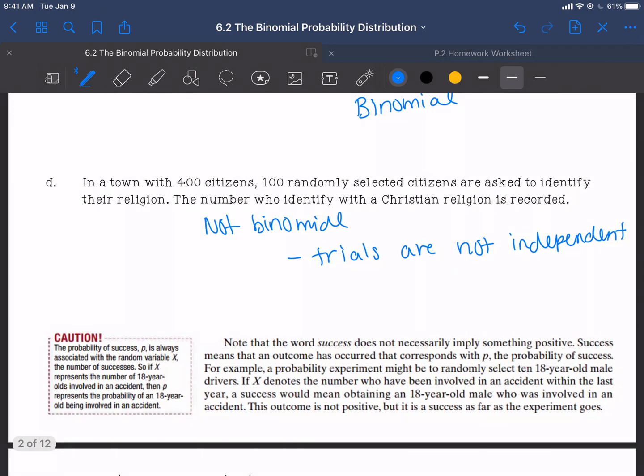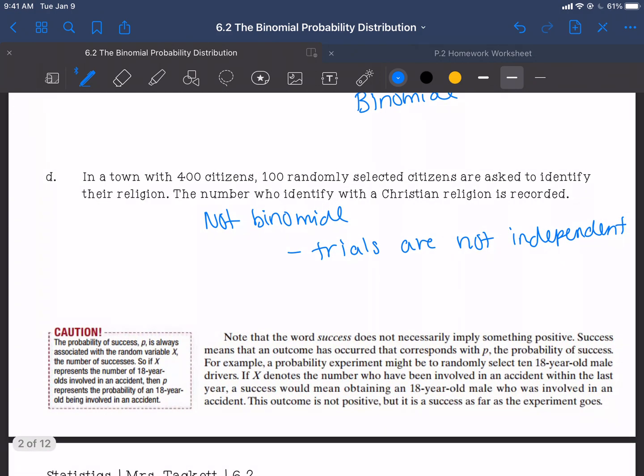All right, at the bottom here, just be cautious. I want to let you know that success does not mean good and failure does not mean bad. Success is just whatever we are interested in, and failure is whatever would be the opposite, that we're not interested in. So the example they use here is maybe we're interested in the number of 18-year-olds in an accident.